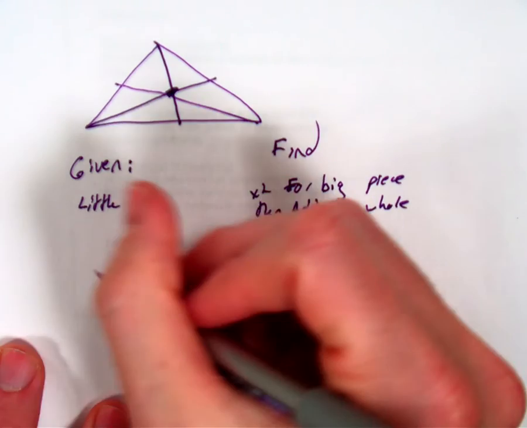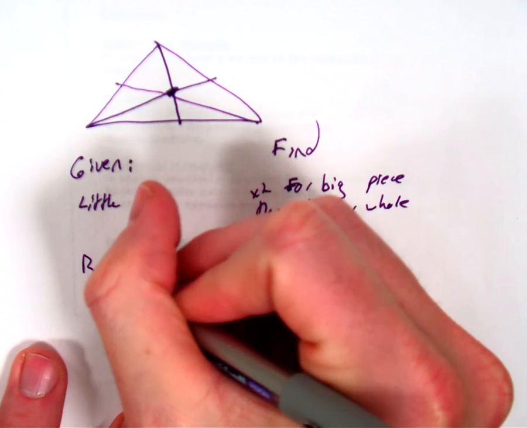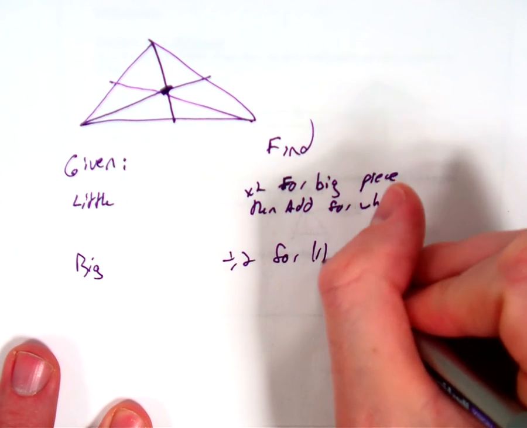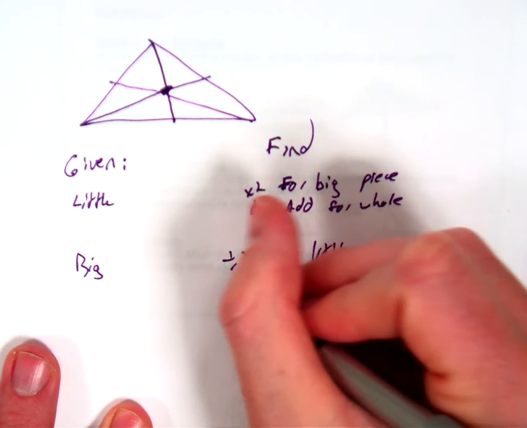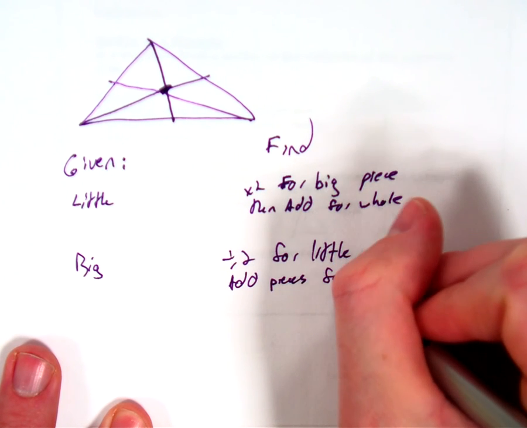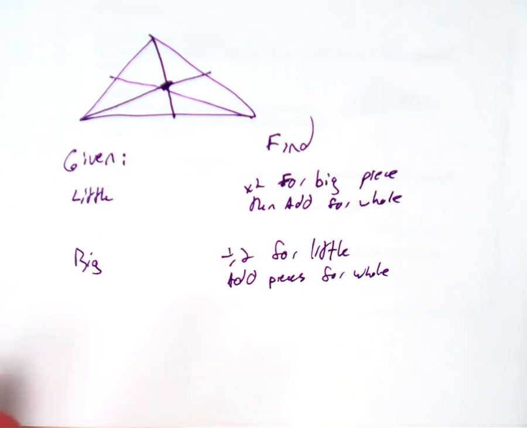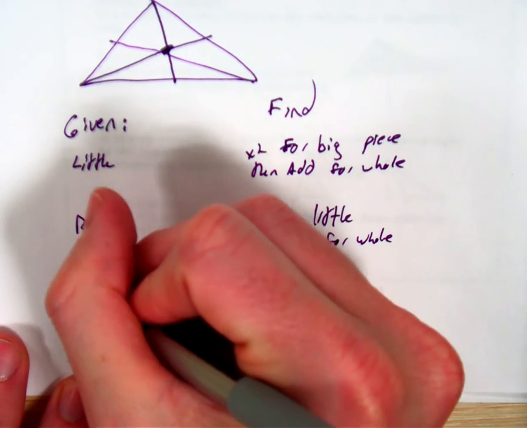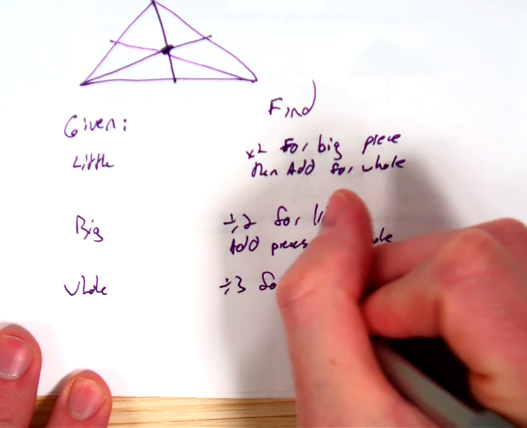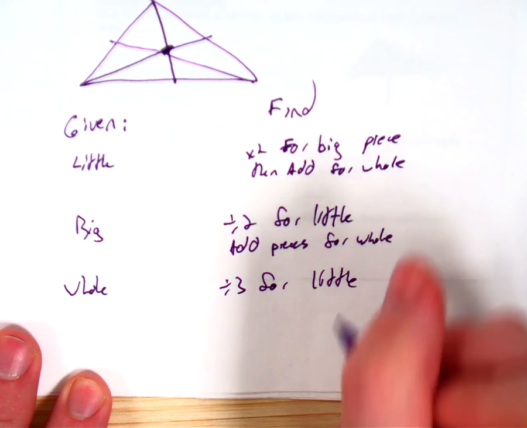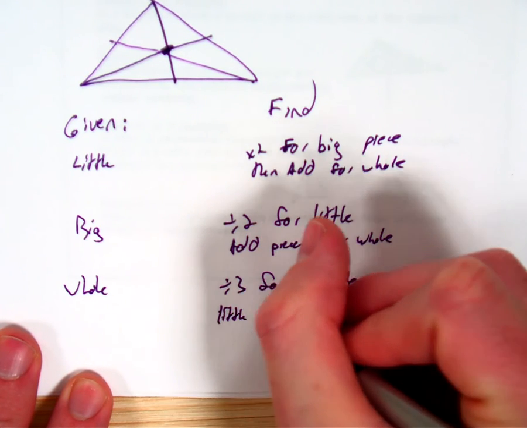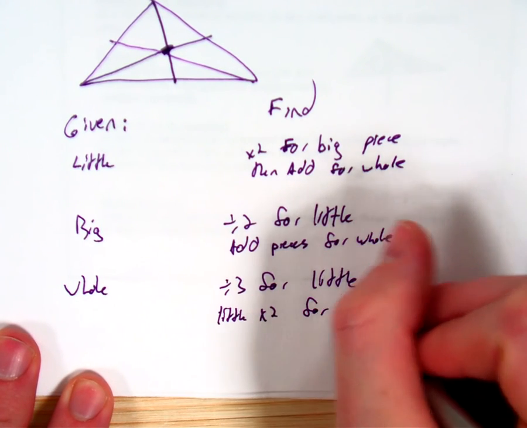Zoom out. If you're given the big piece, divide by 2 for the little, add for the whole thing. What if you're given the whole thing? Then we divide by 3 for the little, and then we double the little for the big.